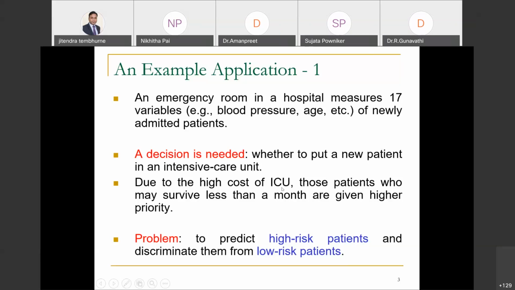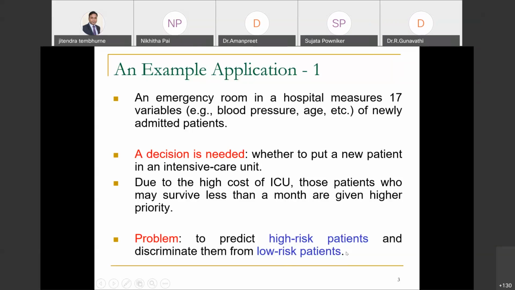Because the intensive care units in the hospital are limited. That is the first thing, and moreover, the cost of that unit is very high. So by taking these variables into consideration, and by seeing the situation of the patient, we have to decide whether the patient is high risk or low risk.